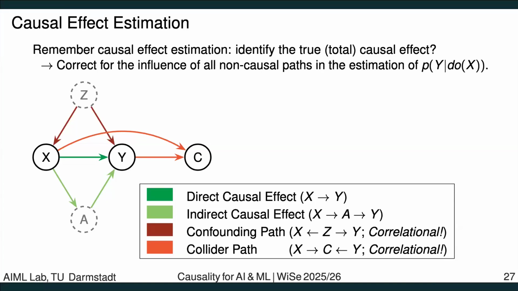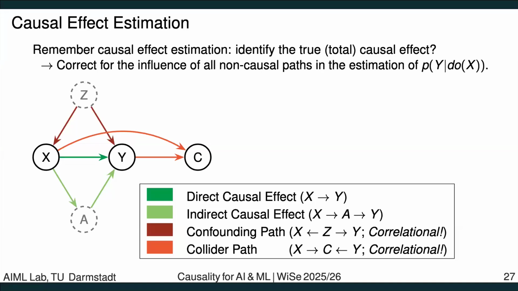And most of the time, we might also be interested in the total causal effect, which then includes all those indirect paths via some other variables. And here, it really depends on our causal model, right? So if we just were to marginalize A, this effect would simply go into the direct causal effect there.